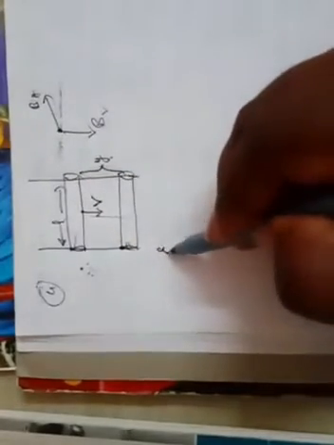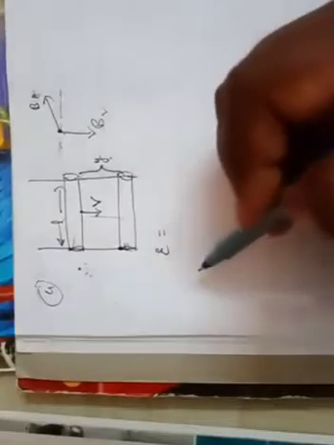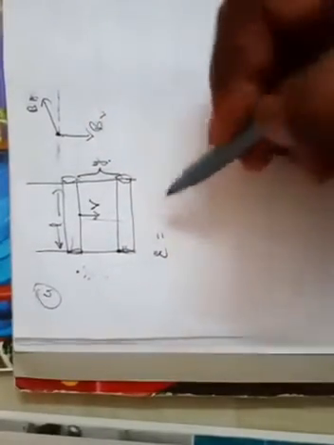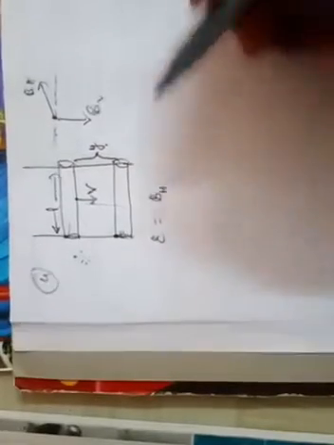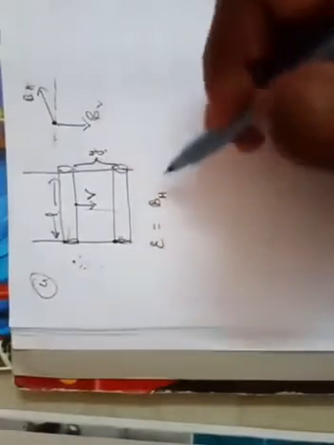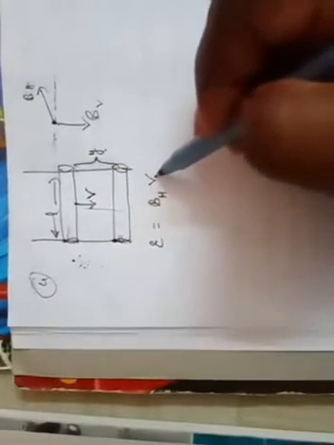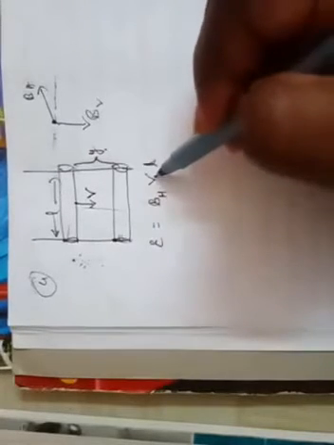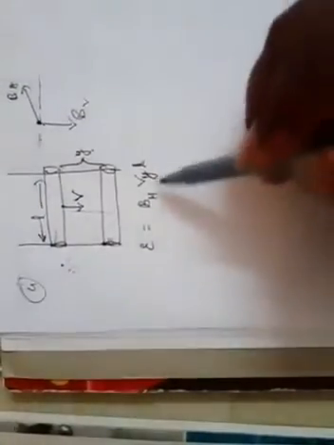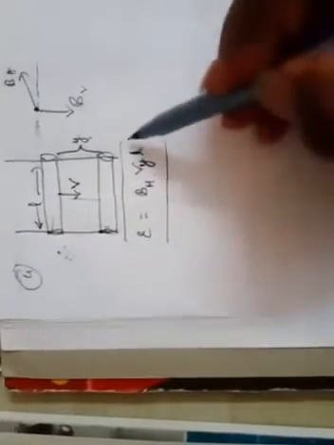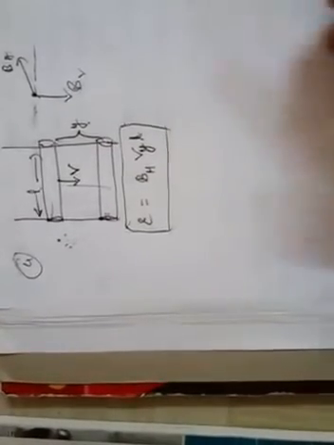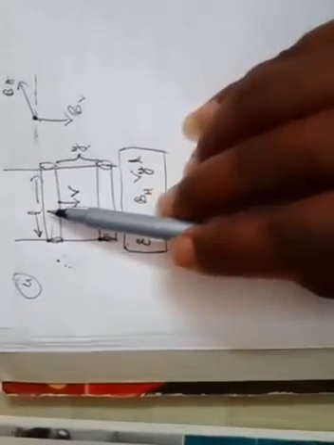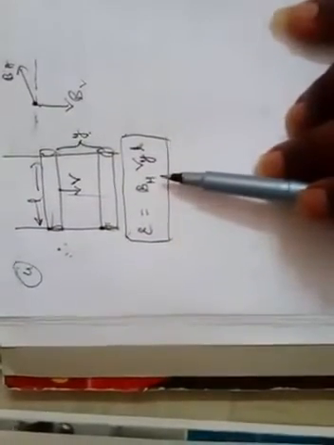So directly I will write the induced EMF produced in the conductor: E is equal to B, the earth's horizontal component of the magnetic field, BH, and the remaining is V into L, and V is along the y direction, so we write E equals BH Vy L. This is the induced EMF produced in that conductor, because it is cutting the horizontal component of the earth's magnetic field.